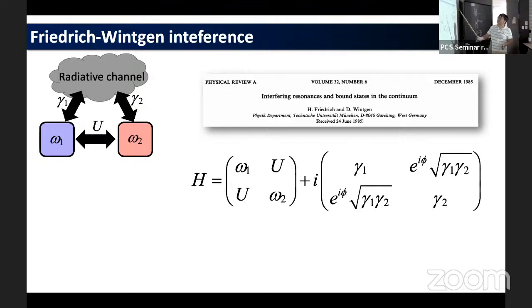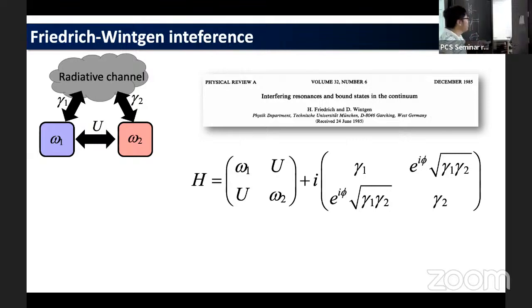So what does the Friedrich-Wintgen Hamiltonian look like? The Hermitian part is the same that we saw before: omega 1, omega 2, and U. The interesting part is the non-Hermitian part. You have the losses of each resonator, gamma 1 and gamma 2, standard. But since they radiate into the same radiative channel, they can also exchange losses. So this is interference.